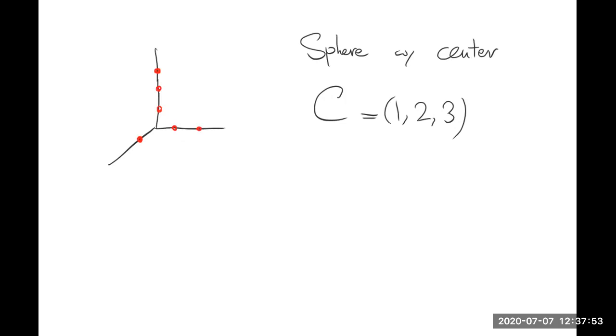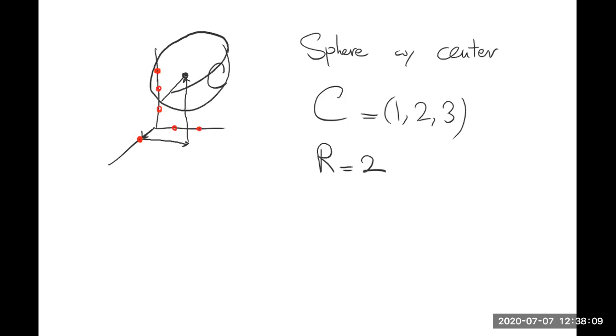So where is C? I should come here, go right parallel to y, and then go up by 3. I would get to this point. That's C, with radius, say, 2. I can consider a sphere around C with radius 2.